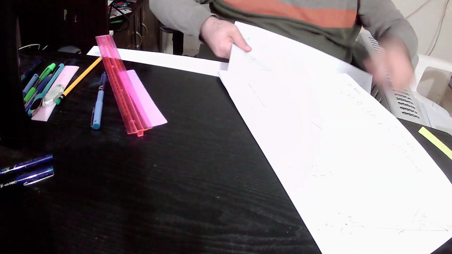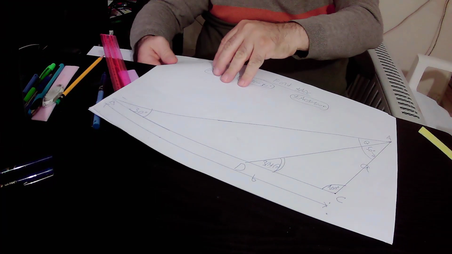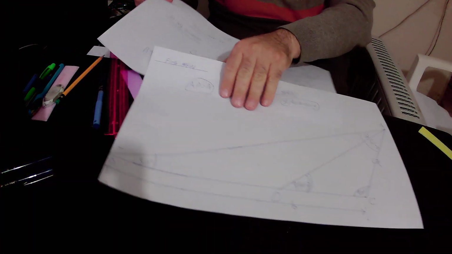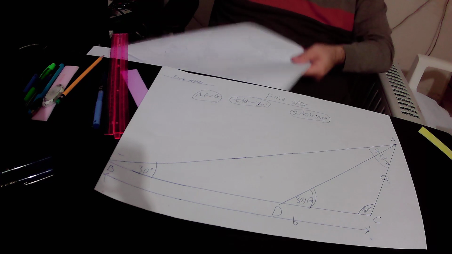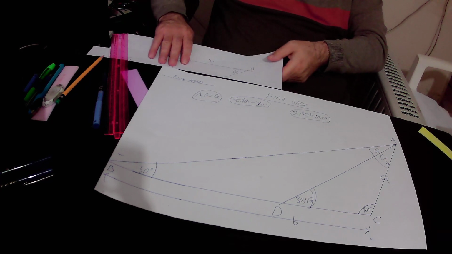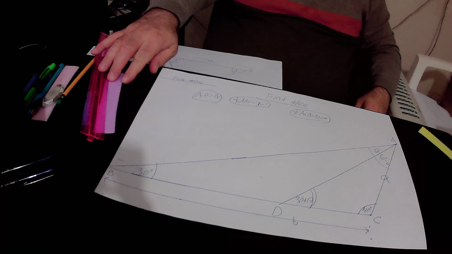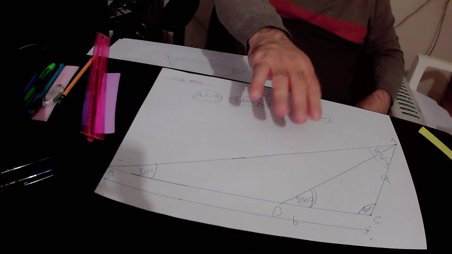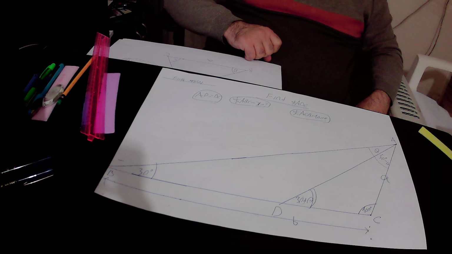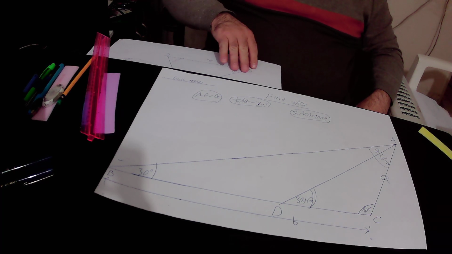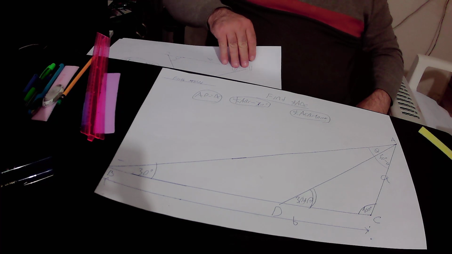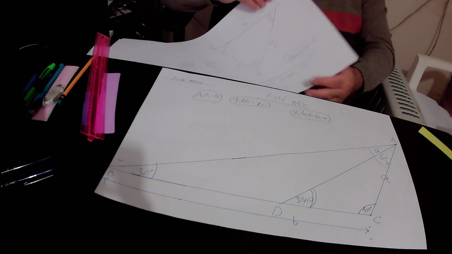In the first method, we use the law of sines in order to find out the value of angle theta. Here, what is the law of sines? The law of sines is true in any triangle.